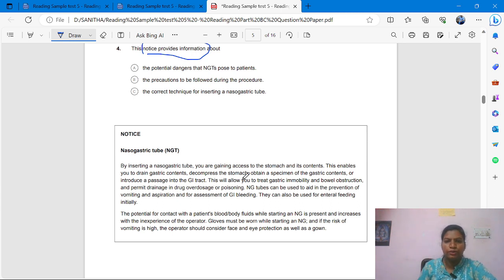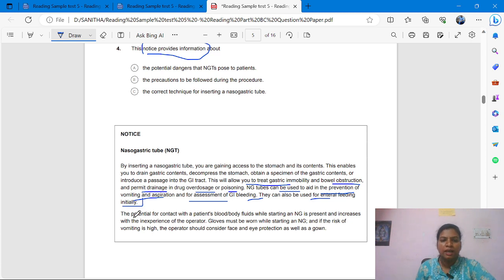This will allow you to treat gastric immobility or bowel obstructions and permit drainage in drug overdosage or poisoning. A nasogastric tube can be used to aid in the prevention of vomiting and aspiration and for assessment of GI bleeding. They can also be used for enteral feeding initially.